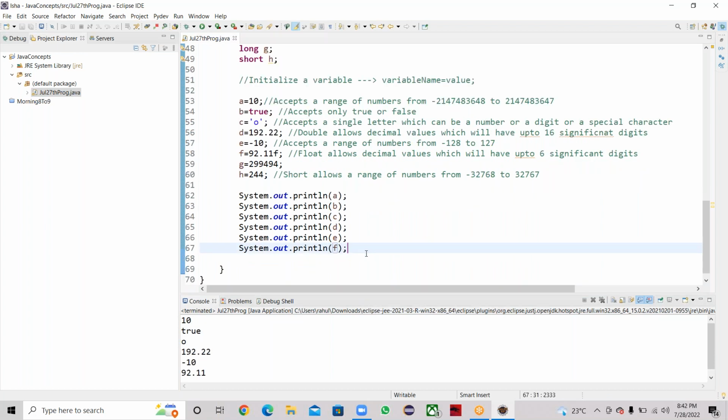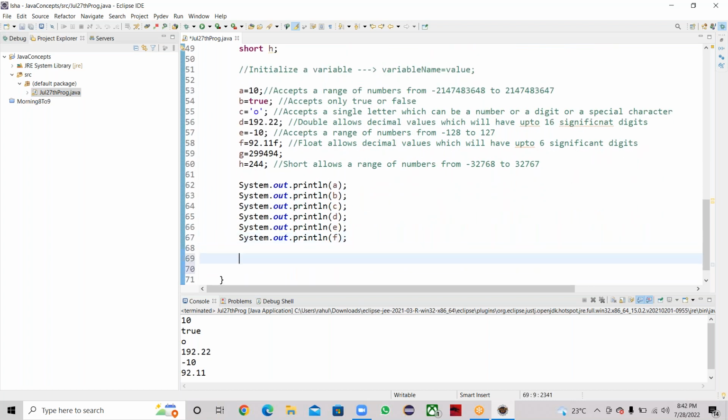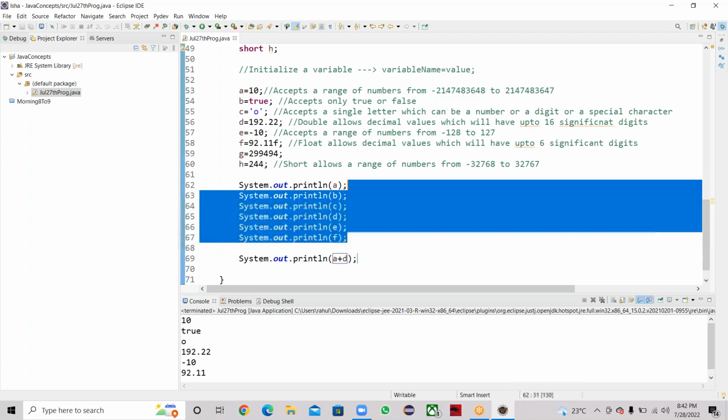Okay, now what I will do? So what will be the output of line number 69? 2. Okay.